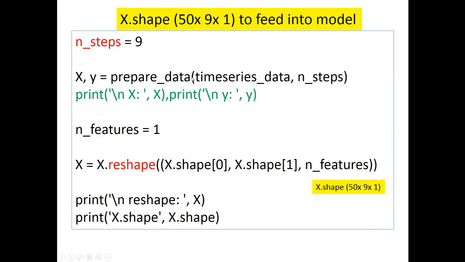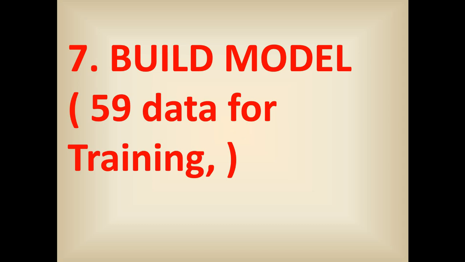and after that you have to convert this into x.shape, basically to look like a three-dimensional array, 50 by 9 by 1. That is what this particular command does. This is being done to pass it to an LSTM function to build a model.